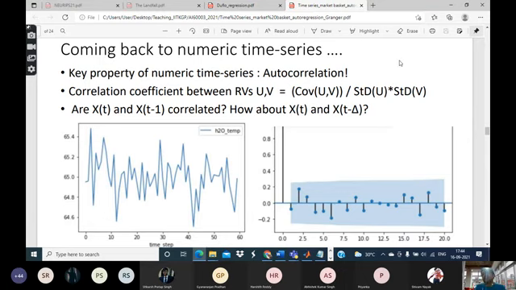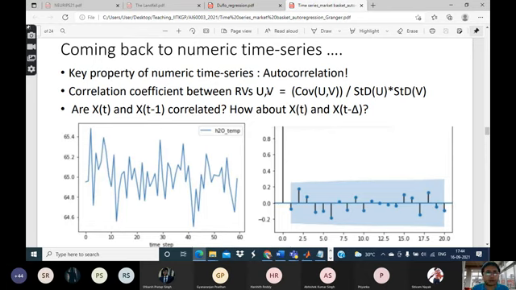Since the square root of variance is the standard deviation, we can just write standard deviation of u times standard deviation of v. This is true for any two random variables u and v. This is the way we define the correlation between any two random variables.